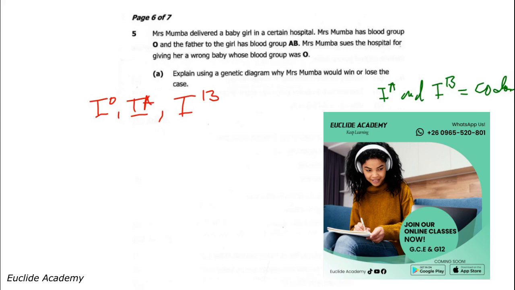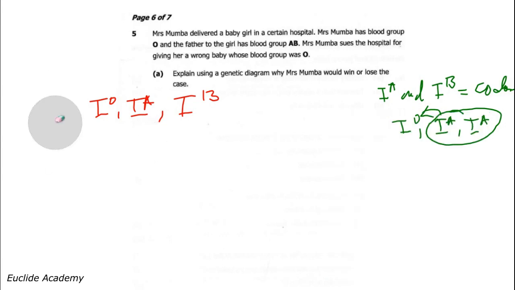And then the blood group O is recessive, or rather the blood group A and B are all dominant over this. So A and B are all dominant over this one. All right, so let's explain what would happen.